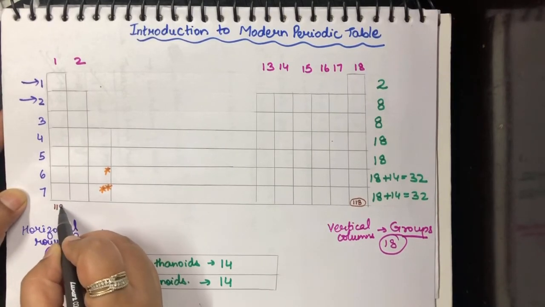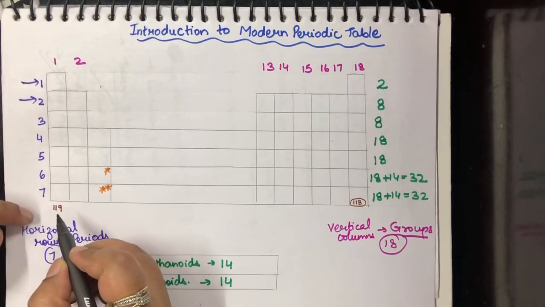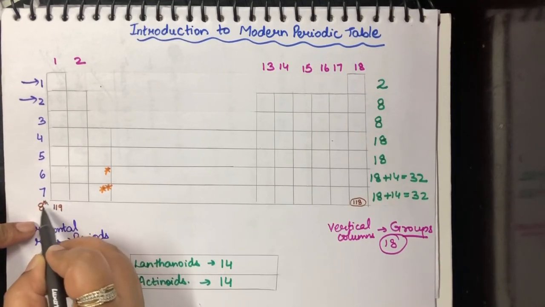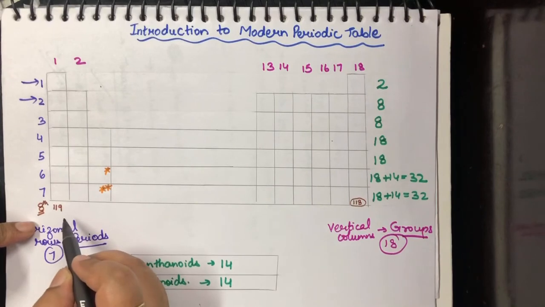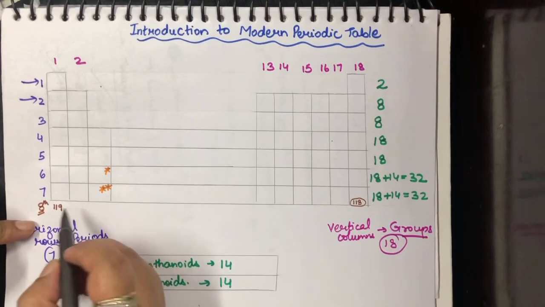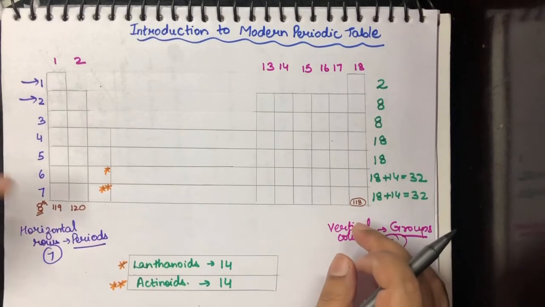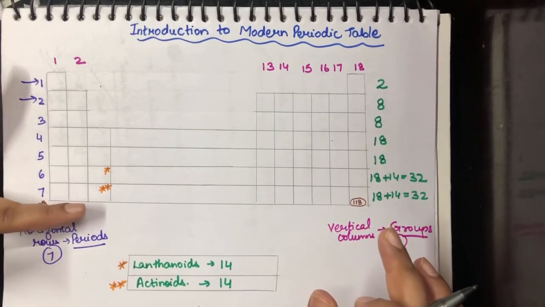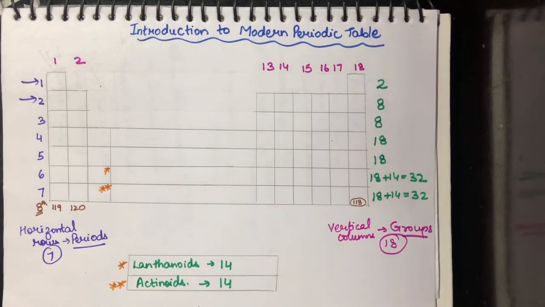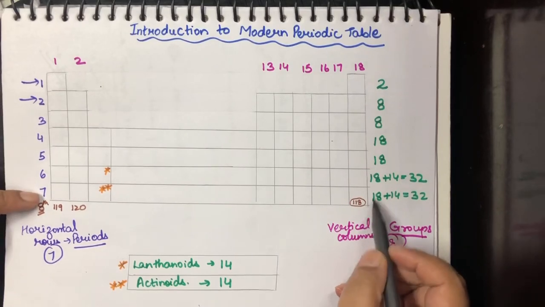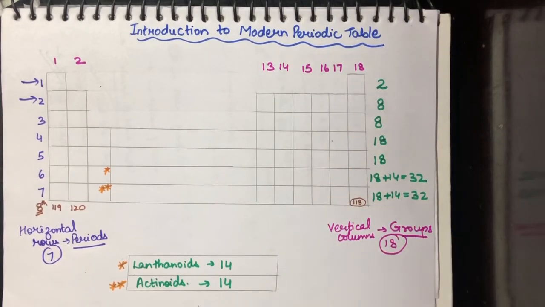It will land in the very first group and in the 8th period. That 8th period will come into the picture once the 119th element comes into existence, then 119, 120 and so on. Till now I am not going to talk about the 8th period because I do not have a discovered element to locate in it. I am only going to talk about up to the 7th period and 18th group.